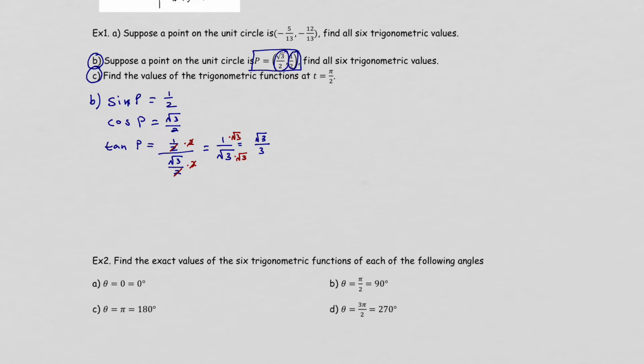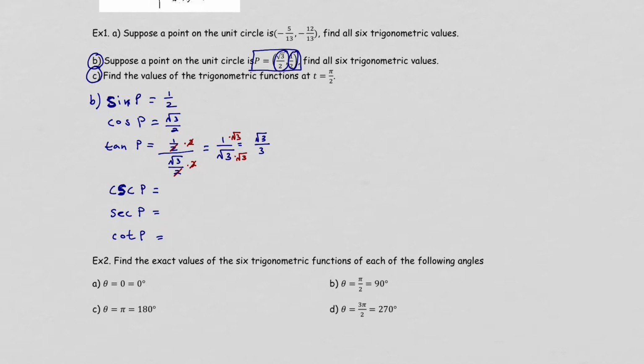And then your cosecant P, secant P, and cotangent P are flipping sine, cosine, and tangent. The way that I remember which is related is, for cosecant, you have S in the middle, which is sine, flipping.